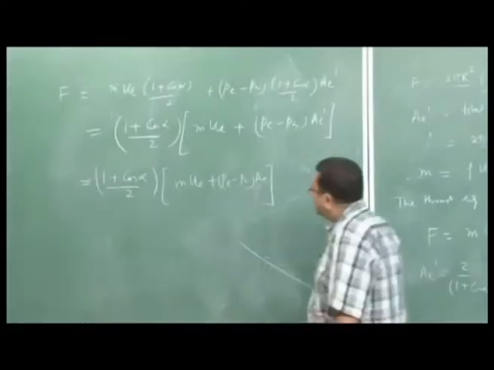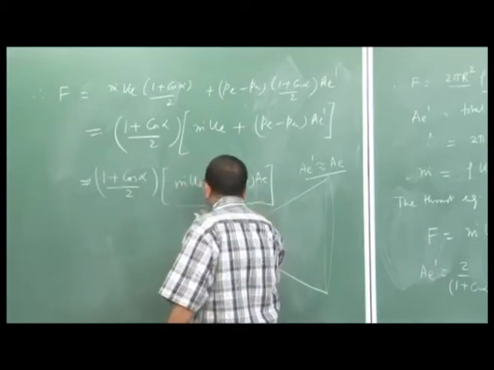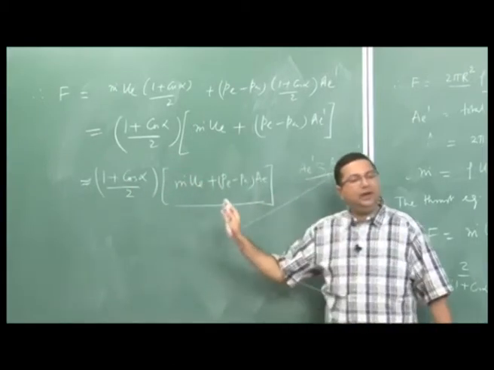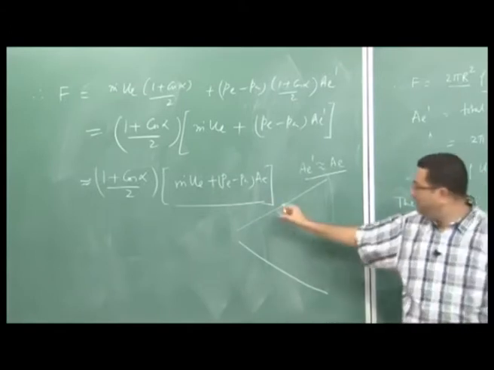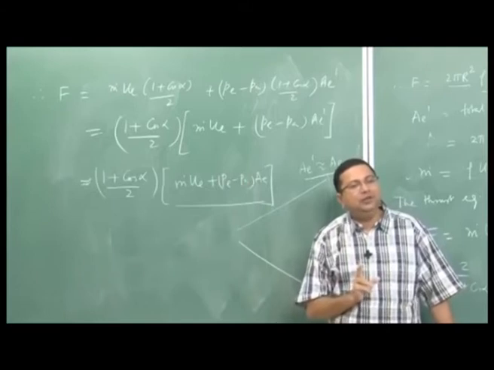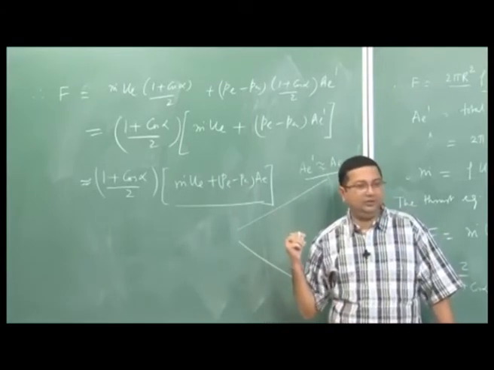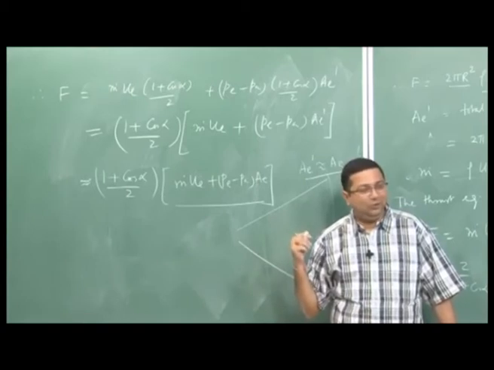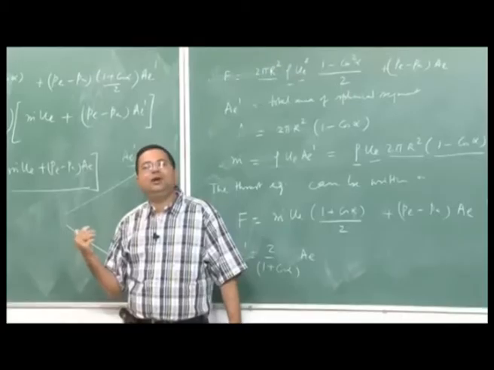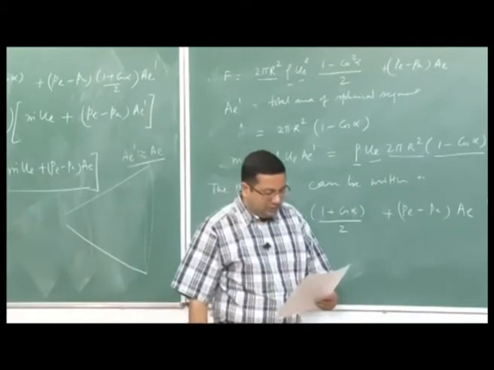Now, let us look at this equation. This portion here is our original thrust equation, which we had derived assuming the flow to be one dimensional. Now, it is no longer a one dimensional flow. So, what we are seeing is that the thrust equation is modified from a one dimensional flow.